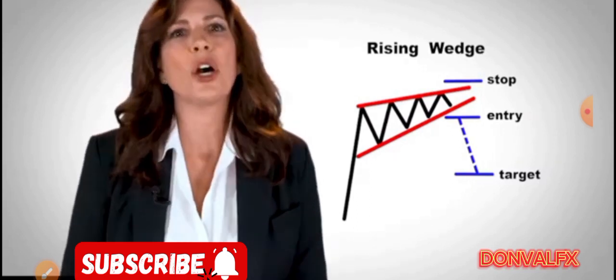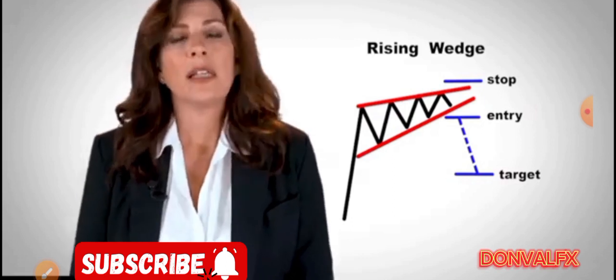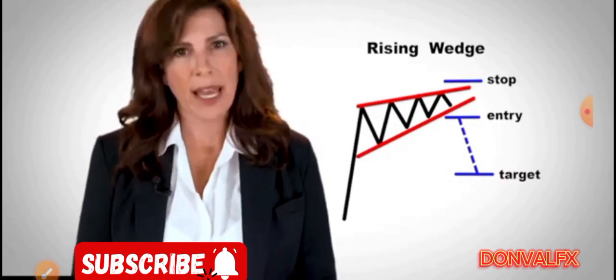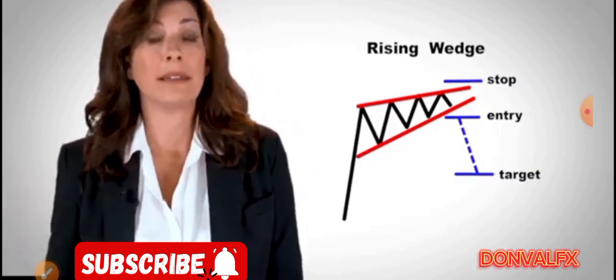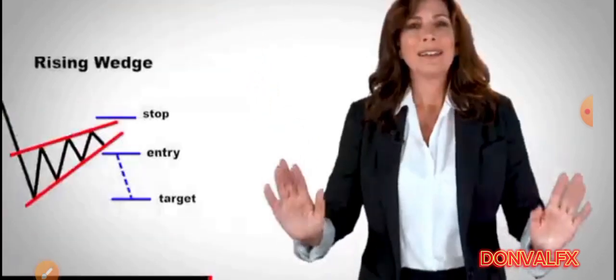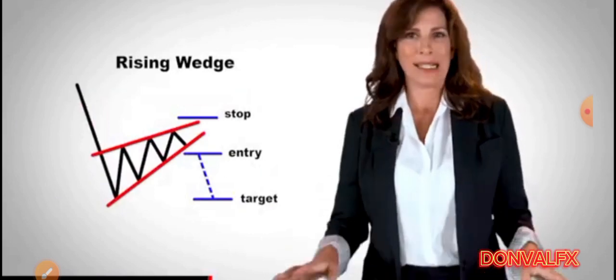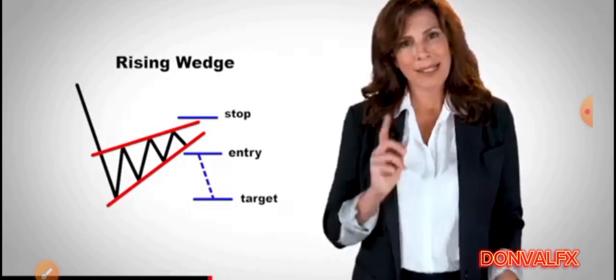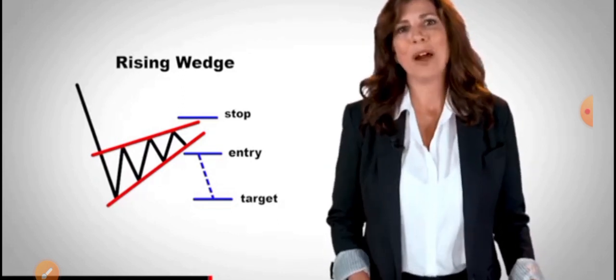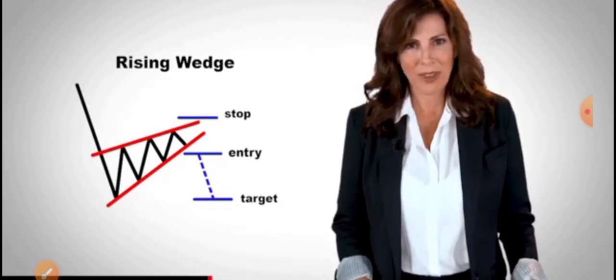Just like in the other chart patterns we discussed earlier, the price movement after the breakout is approximately the same magnitude as the height of the formation. Now let's take a look at another example of a rising wedge formation, only this time it acts as a bearish continuation signal.